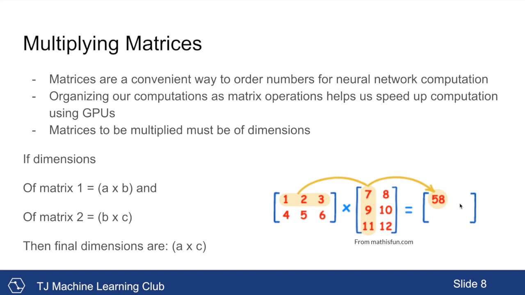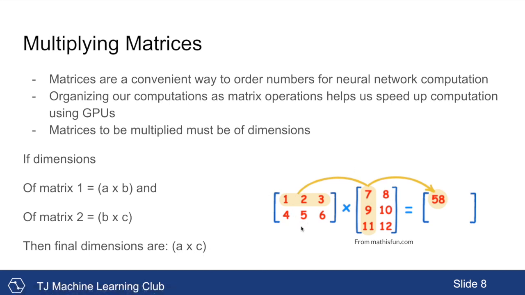And the dimensions of the output matrix will be the number of rows in the first matrix times the number of columns in the second matrix. So if A is the number of rows in the first matrix and C is the number of columns in the second matrix, the final dimensions of our product matrix are A by C.